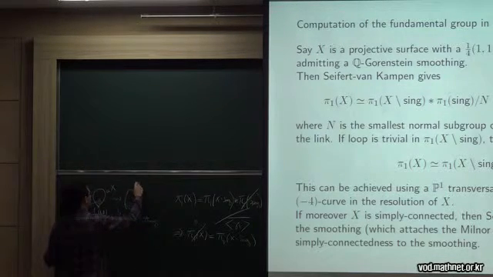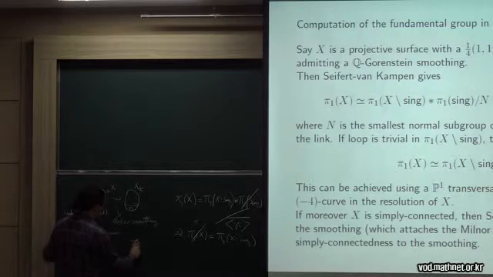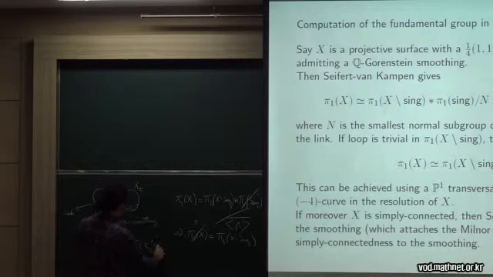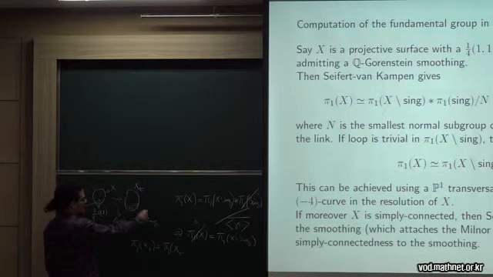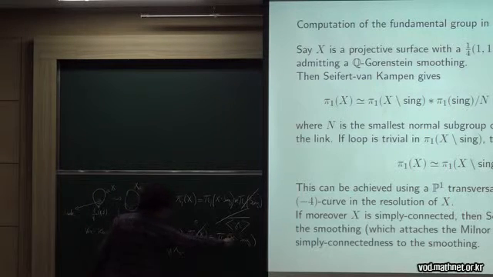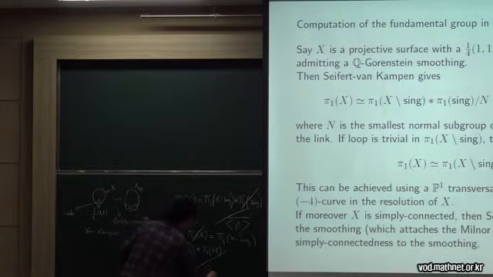And then this is X_t. So π1 of X_t will be the π1 of the Milnor fiber over that.